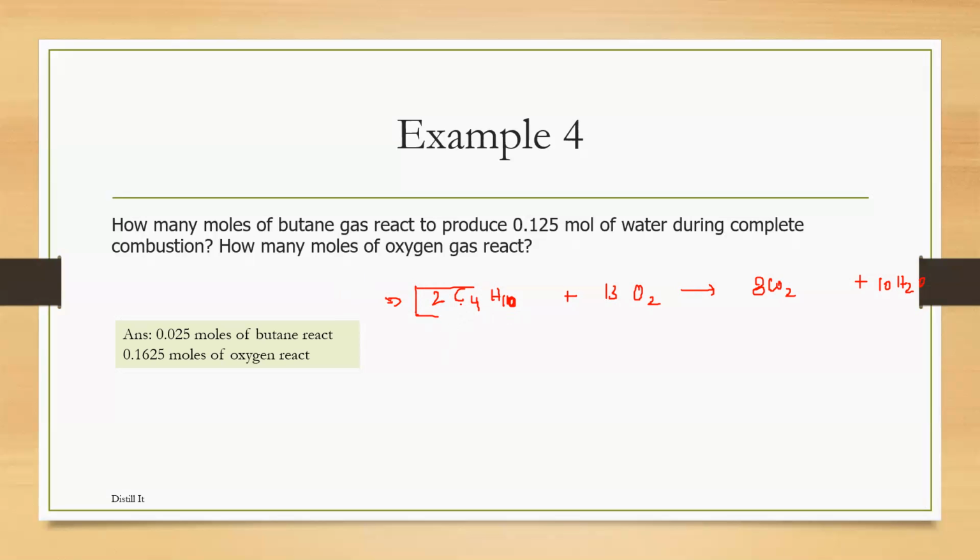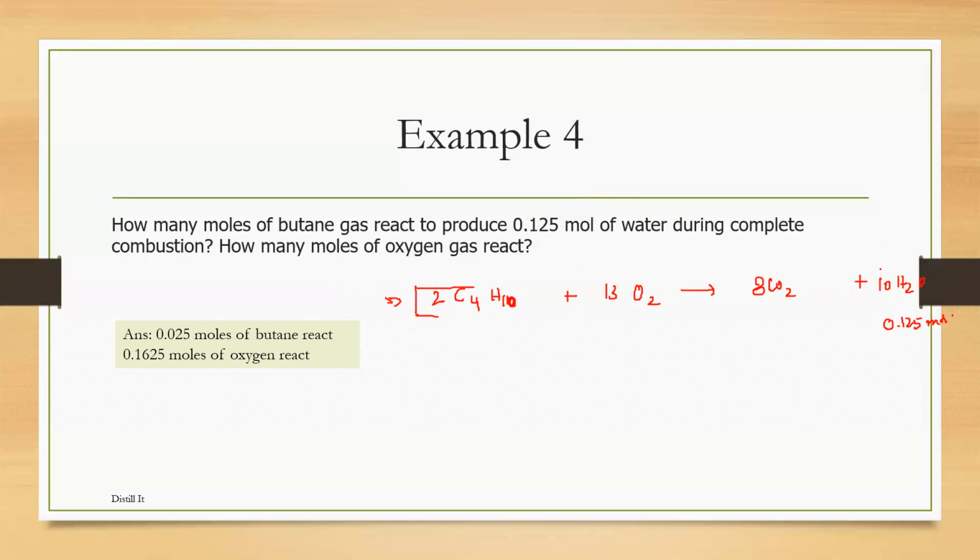Now, once we are done with this, then we are going to solve the problem. So it is given that we have 0.125 moles of water. So when 10 moles of water are produced, then 2 moles of butane have reacted, right?